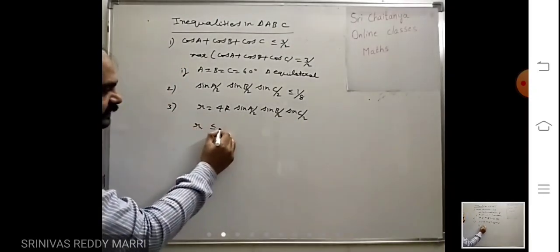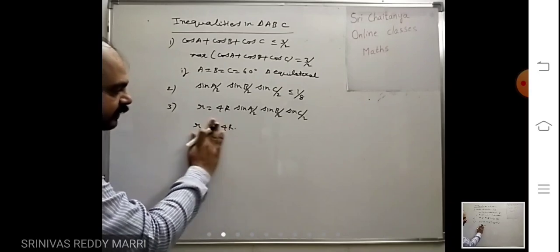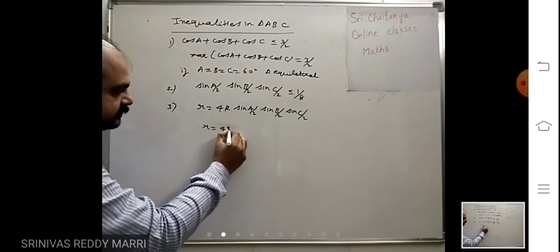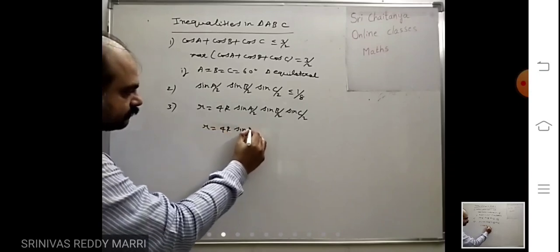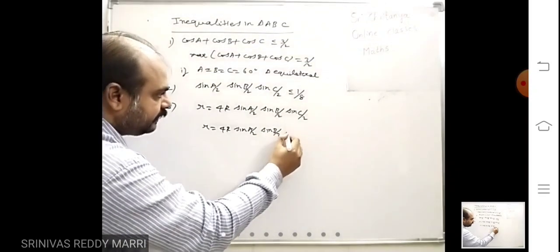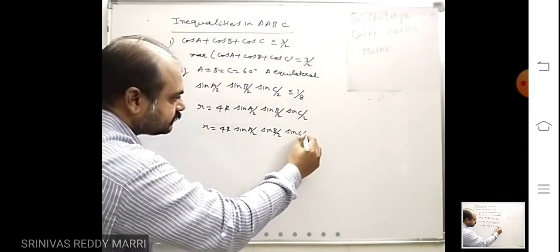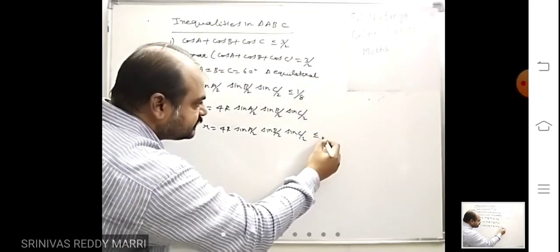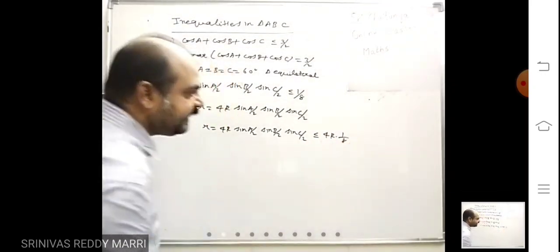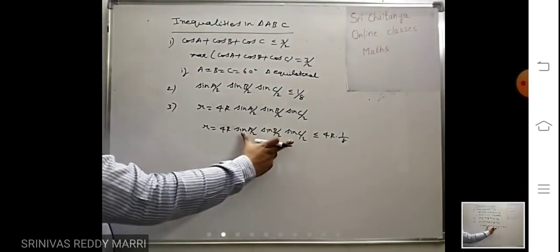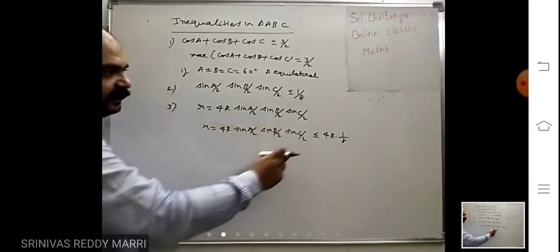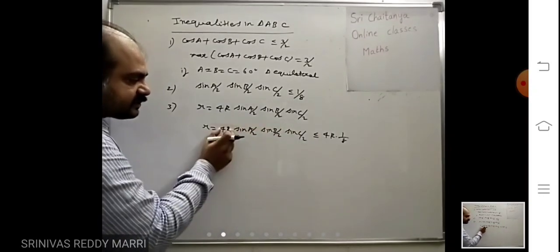So r is less than or equal to 4R into 1 by 8, since in any triangle this product is less than or equal to 1 by 8 and the rest is constant.